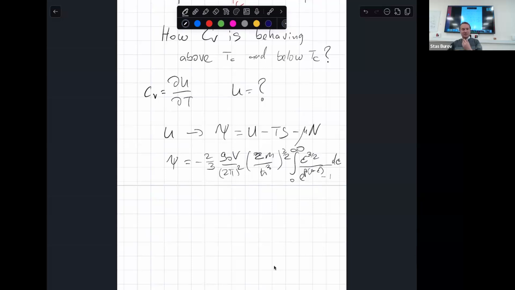So what we need to do is calculate this nasty integral.